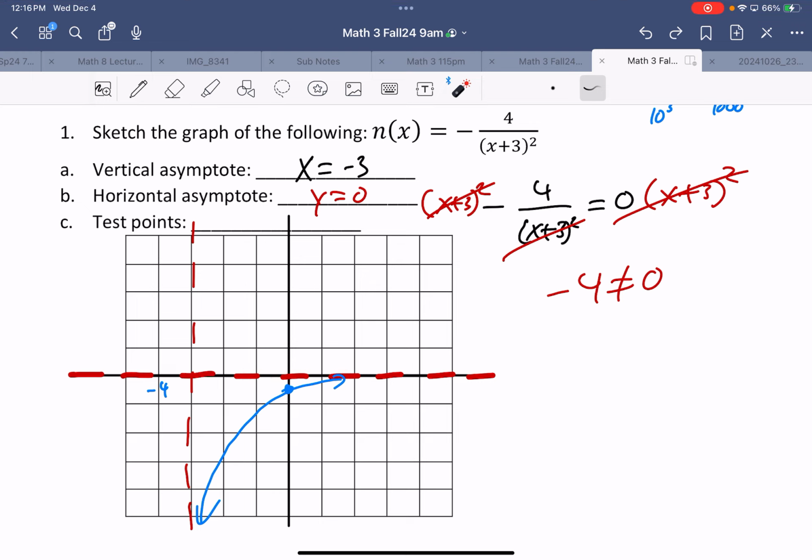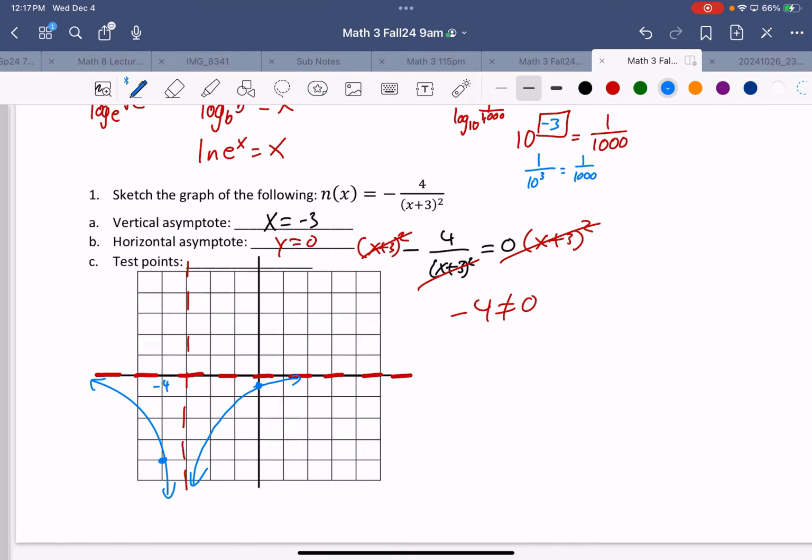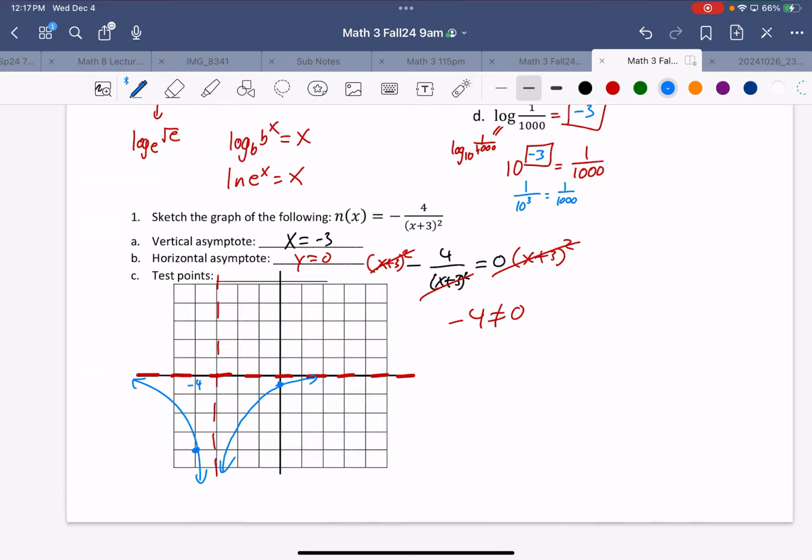Now I'm going to have -4, which is also below the horizontal asymptote. So at -3, I get -4. So once again, it looks something like this. So that's my graph.